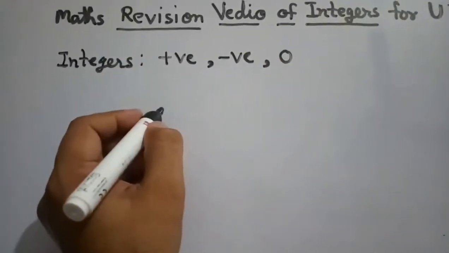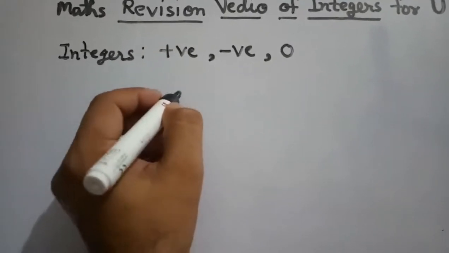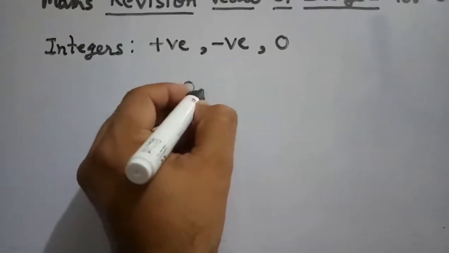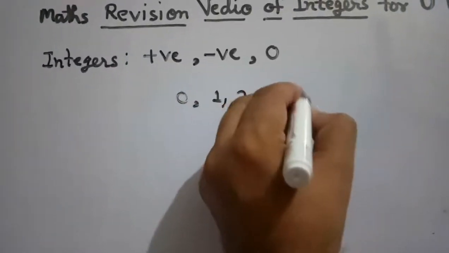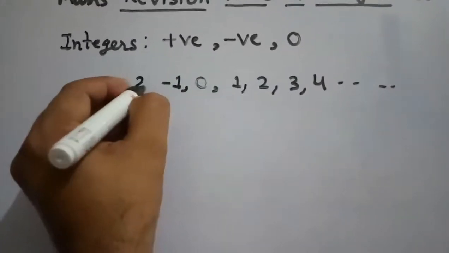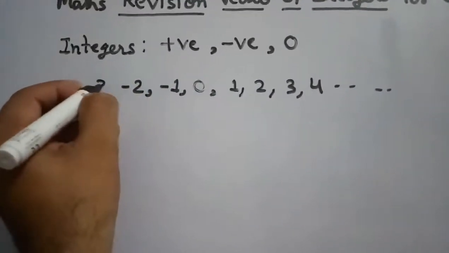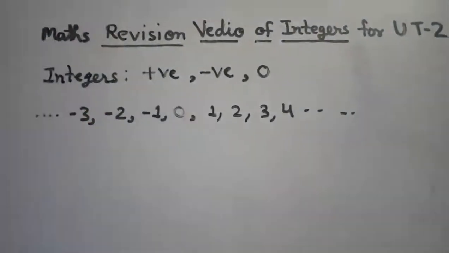In other words, all whole numbers and negative numbers are called integers. We can represent them on a number line also.